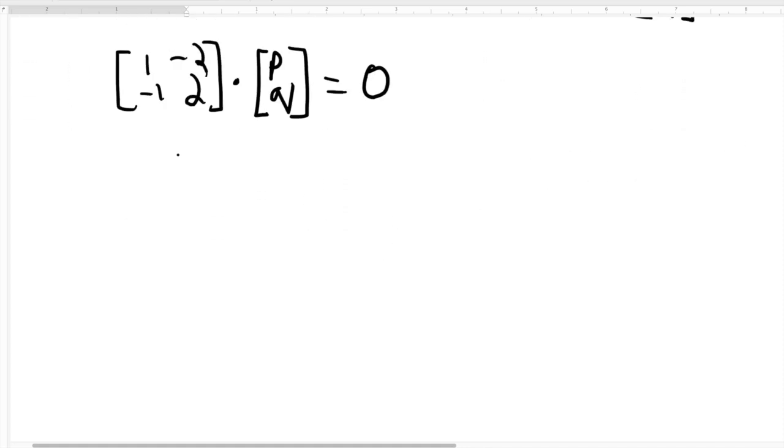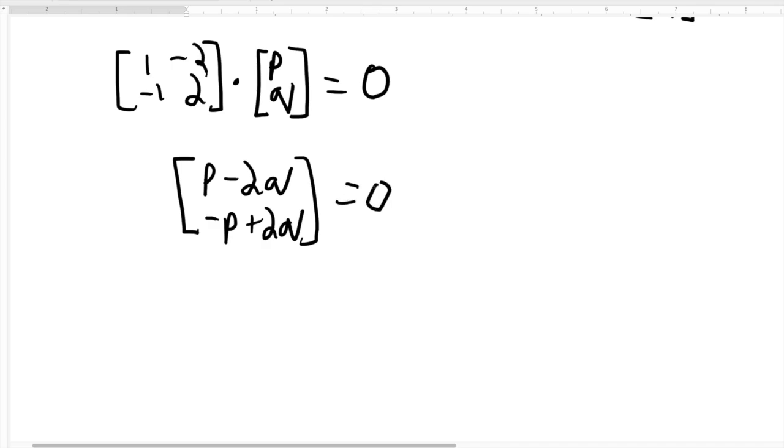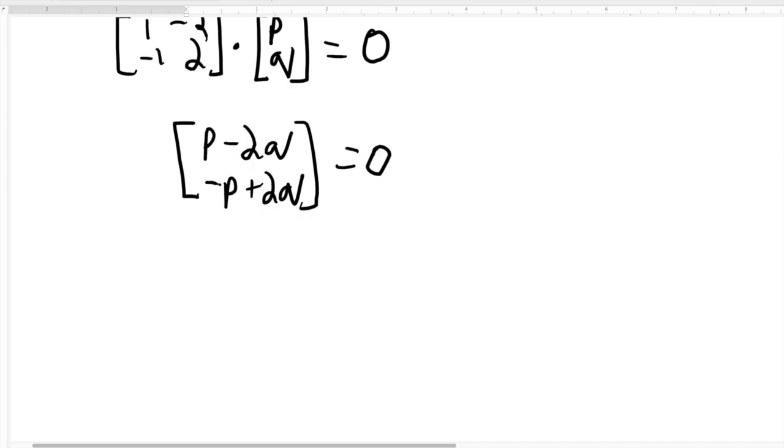And if we simplify the left-hand side, we will get P minus 2Q, and then minus P plus 2Q, is equal to 0. And if we rewrite the right-hand side as 0, 0, we can equate rows of the vectors either side of the equal sign.